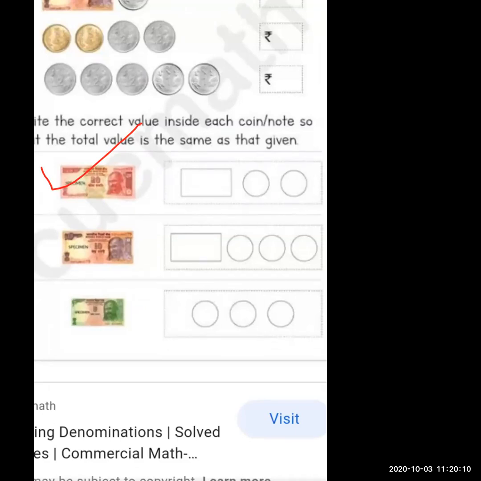Very good, student. And 5 rupees, 1, and the second one also 5 rupees. Okay. So 5 plus 5 is 10, and 10 plus 10 is 20. Understood?